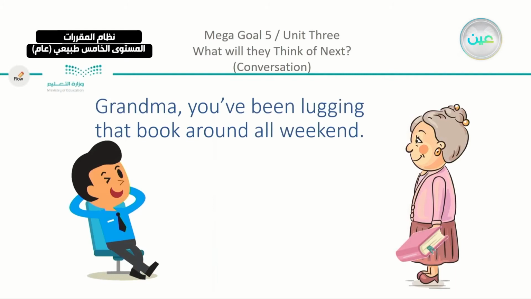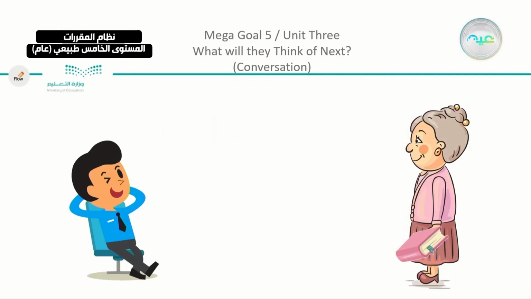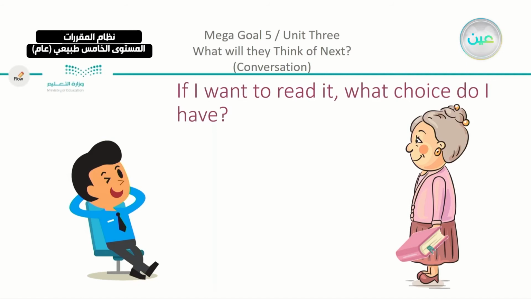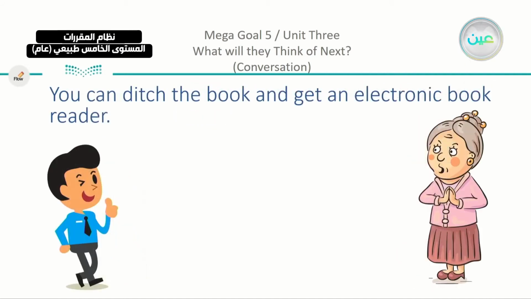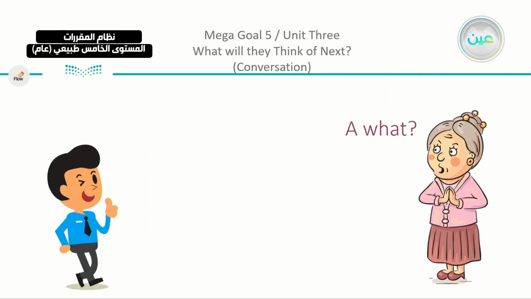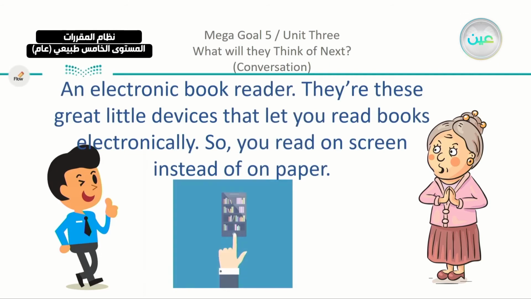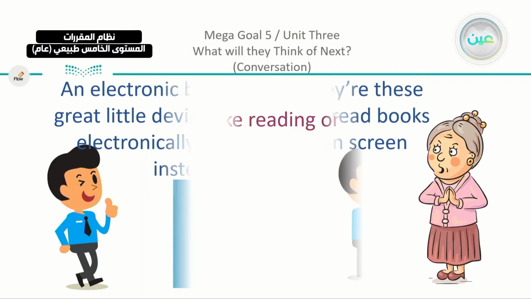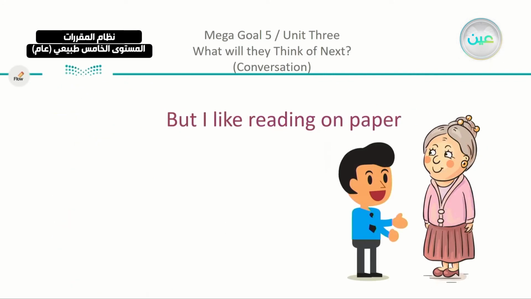Grandma, you've been lugging that book around all weekend. If I want to read it, what choice do I have? You can ditch the book and get an electronic book reader. A what? An electronic book reader. They're these great little devices that let you read books electronically, so you read on screen instead of on paper. But, I like reading on paper.